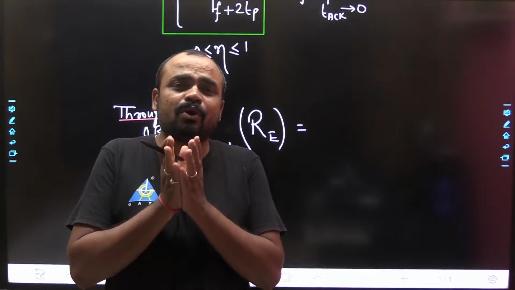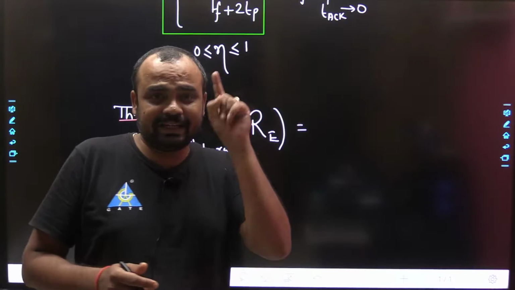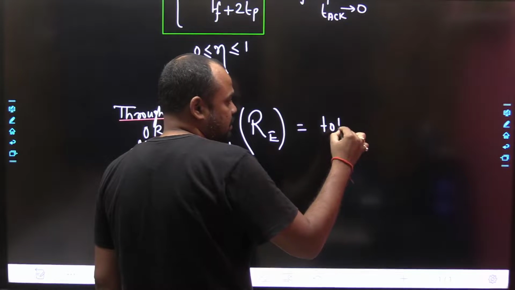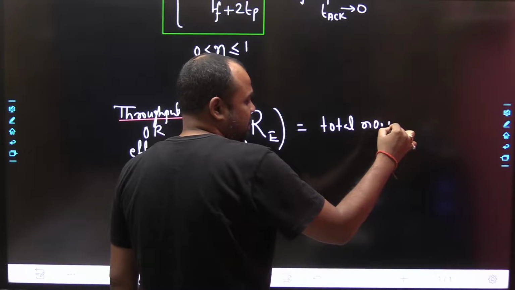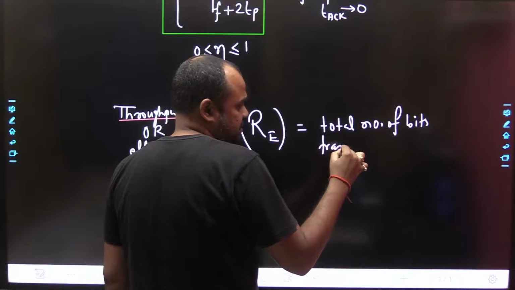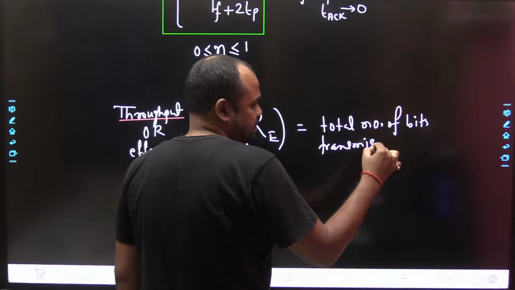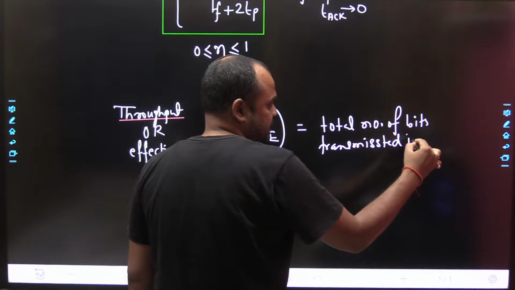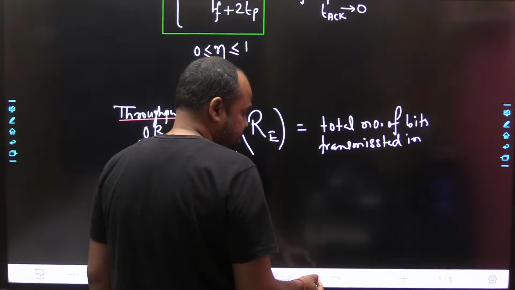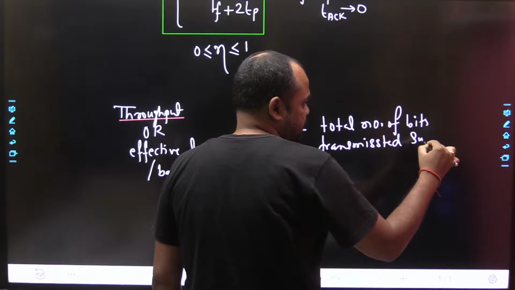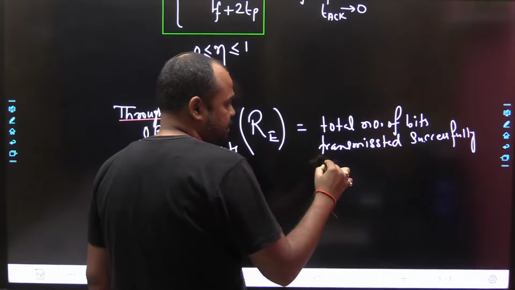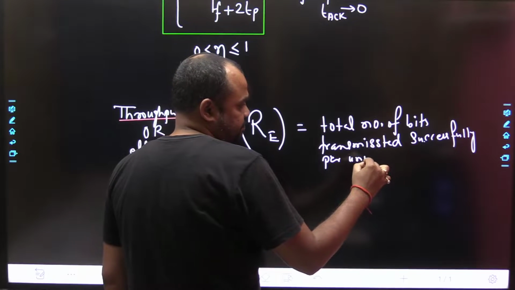The throughput is defined as the total number of bits transmitted successfully per unit time.